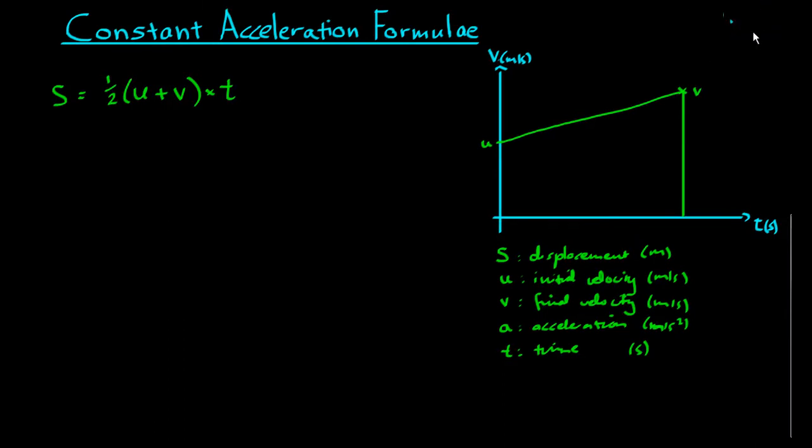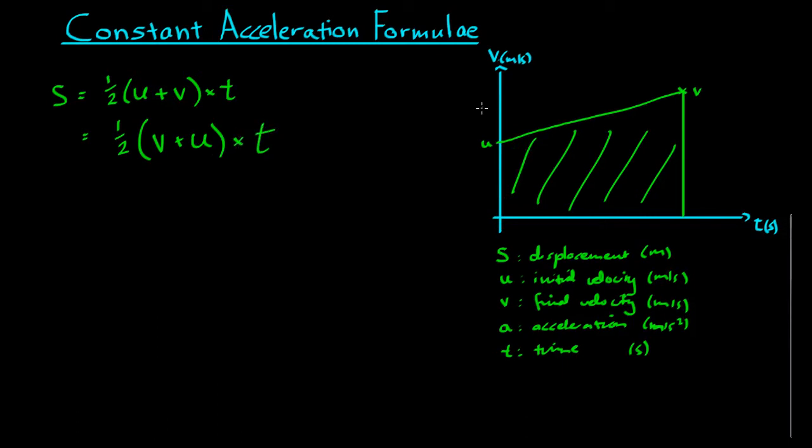So we have V over here, which is A, and this height here, which is B, and then the height would be T. So the area of this entire shape here is equal to a half V plus U times T. Finding this formula enables us to find the area under a velocity time graph and therefore the displacement.